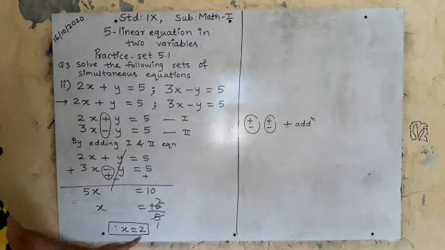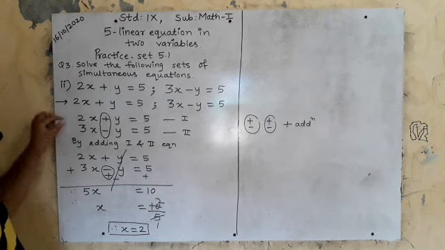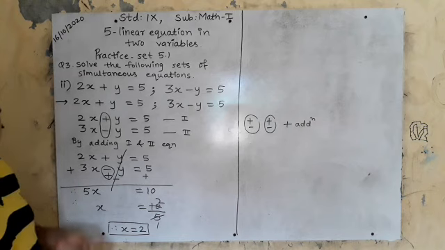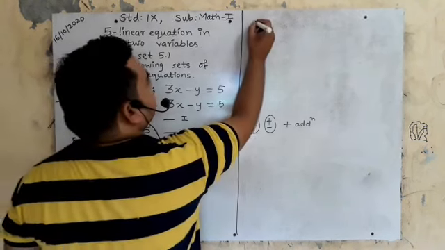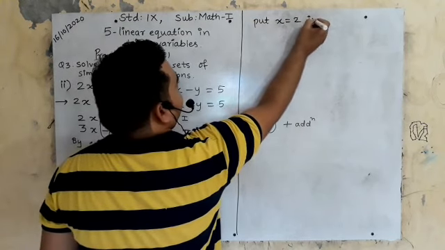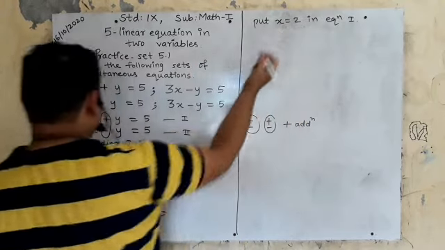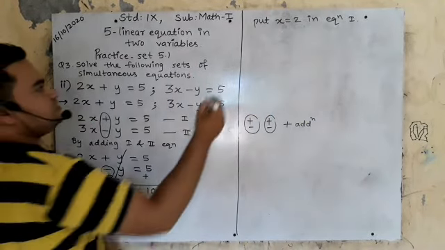Okay. Now you will put x is equals to 2 in which equation, which is easy? First one is easy. Yes, you can use the first one. So you will write, put x value 2 in equation first. So what is the first equation here? 2x plus y is equals to 5.